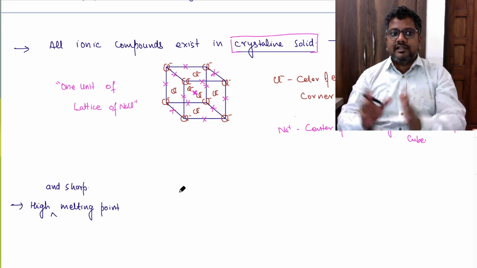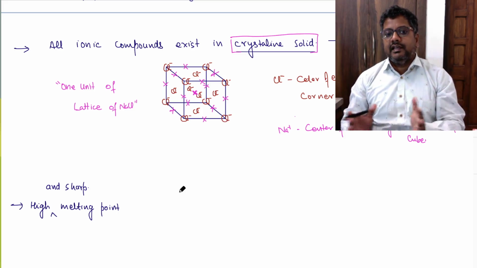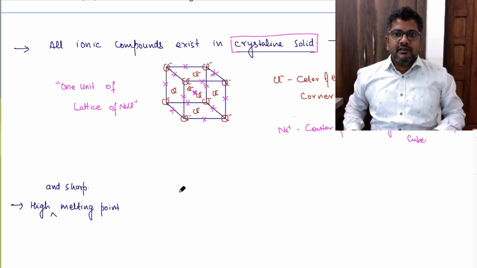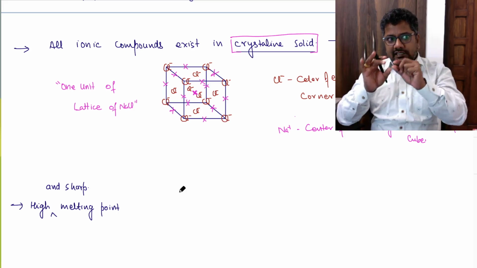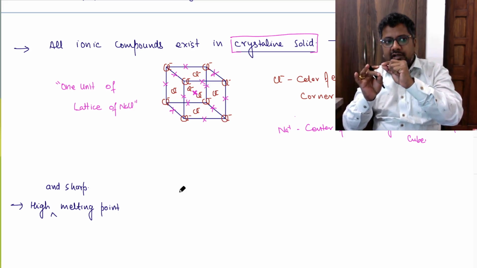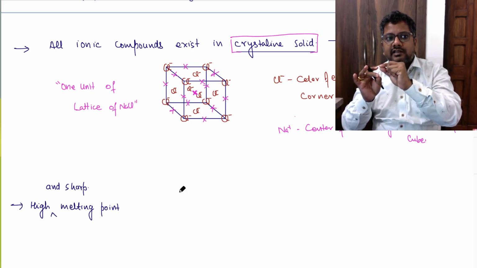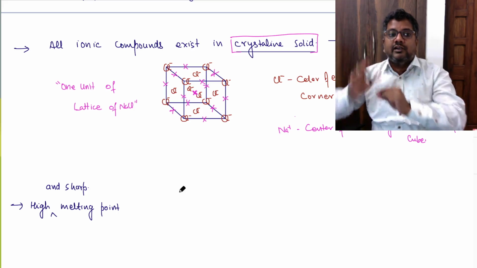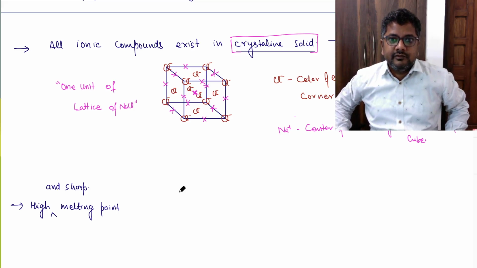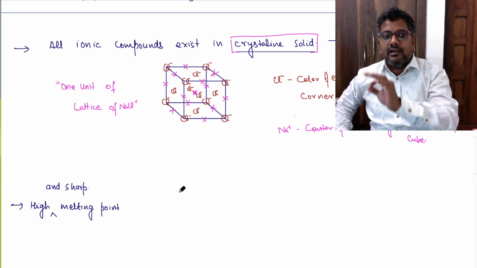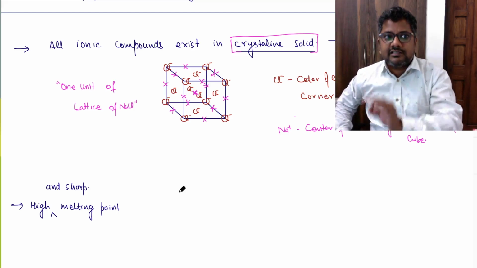Sharp means, suppose the melting point of any ionic crystal is, let it be, 200 degrees Celsius. That crystal will not start melting at any temperature below 200 degrees Celsius, and will not be left to melt above it. It will precisely melt at 200 degrees Celsius, not less or not more.